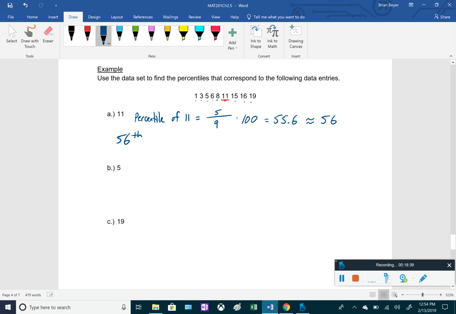So 56th percentile. And that means that data entry of 11 is going to be greater than about 56% of the data, which if you look back up at the data, it looks like that's about true. It looks like it's greater than just over half of the data.